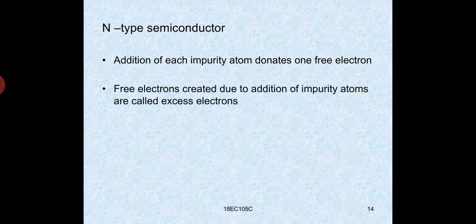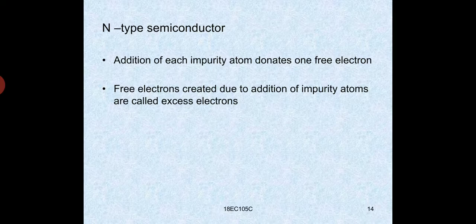The free electrons created due to the addition of the impurity atoms are called excess electrons, because they no longer exist in the covalent bonds, and the fifth electron is coming out, as we have seen in the previous structural diagram.